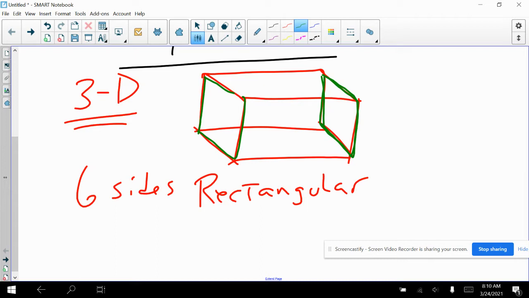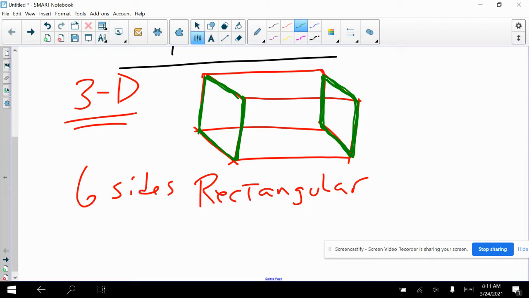Okay, so I hope you're hearing that. What makes us a rectangular prism is that your right and left ends are rectangular and they are parallel. Very important that they are parallel from one another.